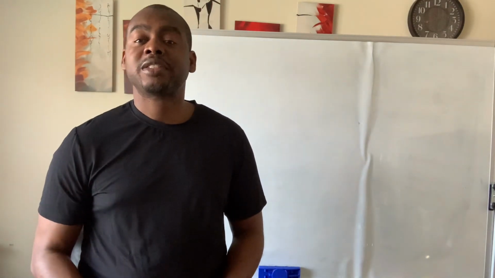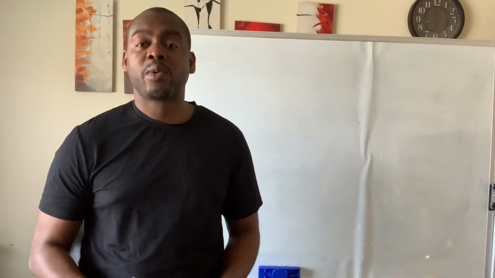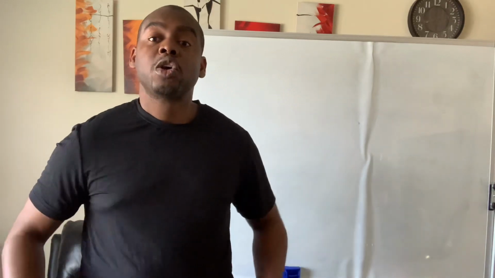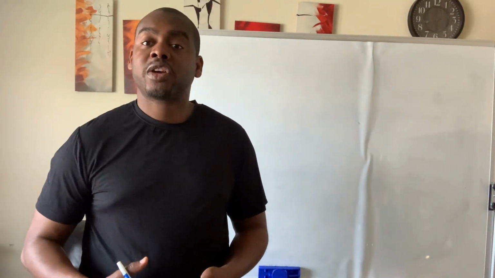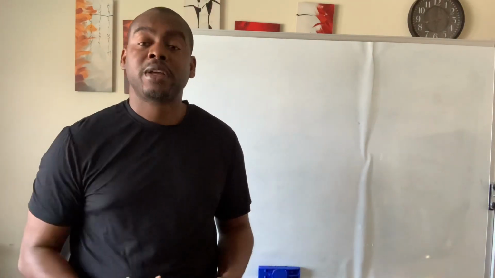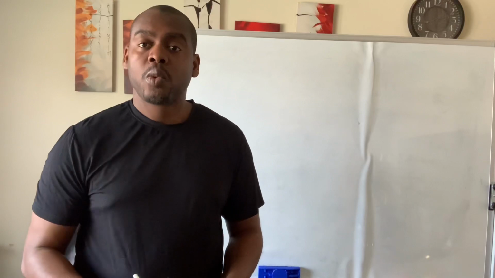In today's video, we're going to talk about how indexing works in an indexed universal life policy. Years ago, when I used to sell fixed index annuities for various companies when I worked at the bank, I used to wonder to myself, how is the insurance company able to pay an extra 6%, 8% if the stock market or the S&P 500 went up, when the client's money wasn't invested in there?